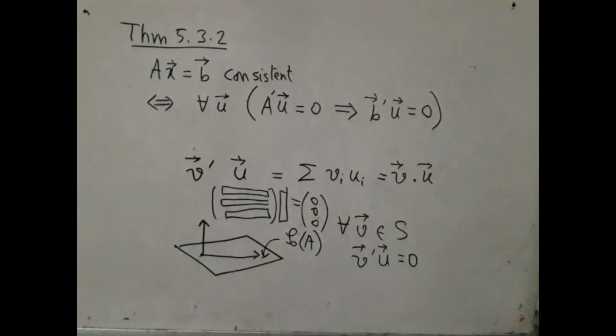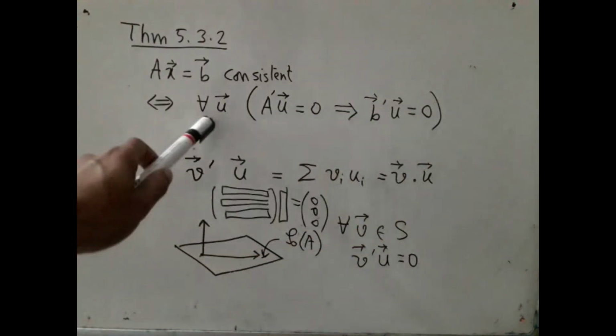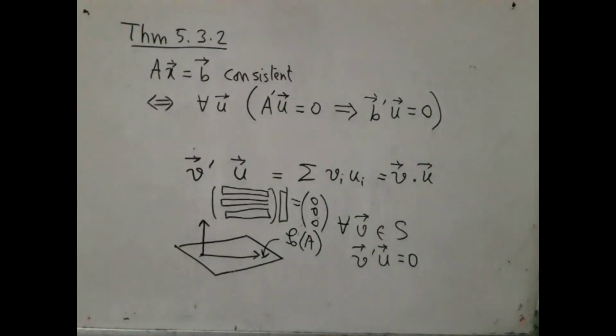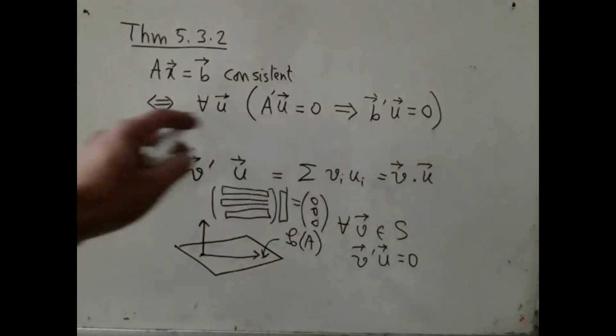And conversely, if B is not in the column space of A, so I am trying to prove the other way around. Suppose this holds, I am going to show that then it is consistent. So, is it possible that B is not in the column space of A and it still holds?